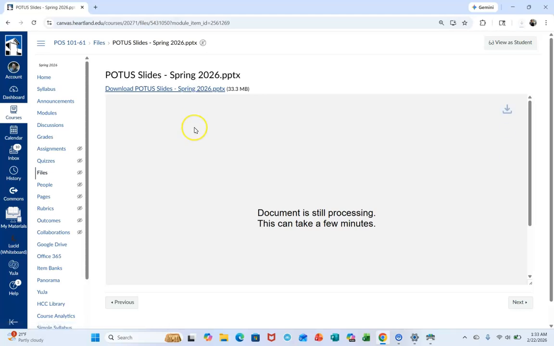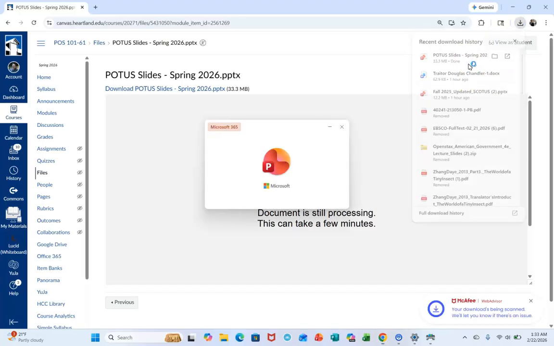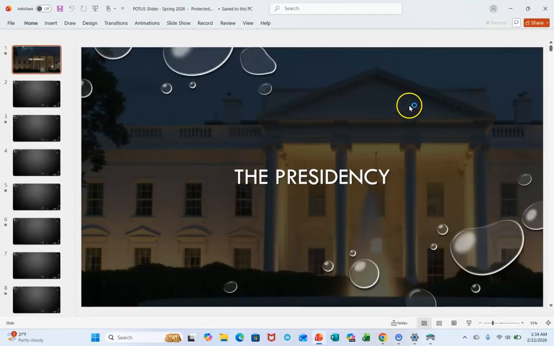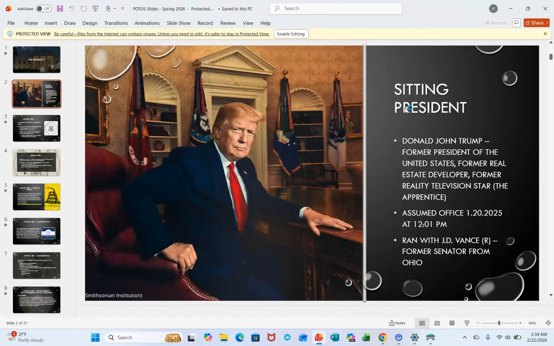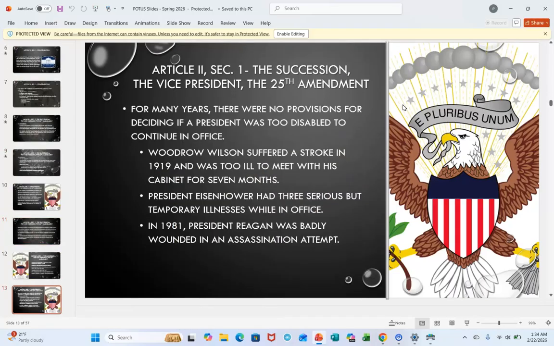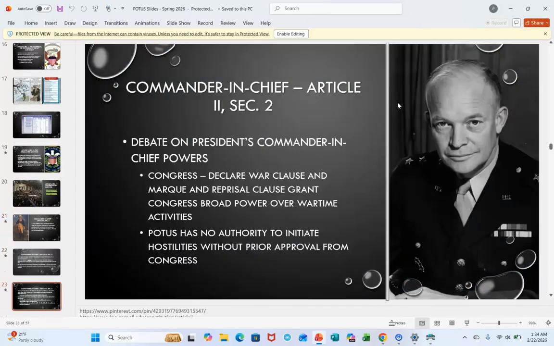All right, now these are slides that I put together of information that I think is valuable to know about the presidency. Hint, hint for the next test. Right. So you'll go through all this, the succession, duties of the president.